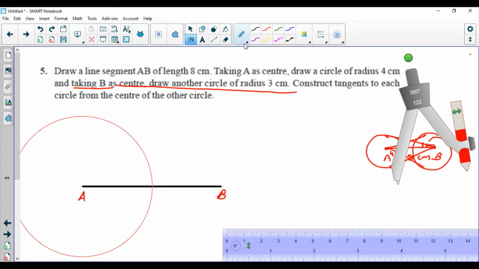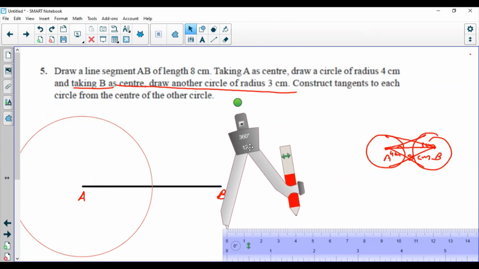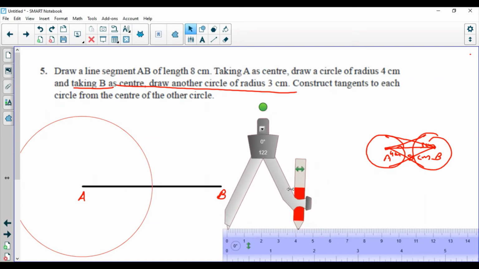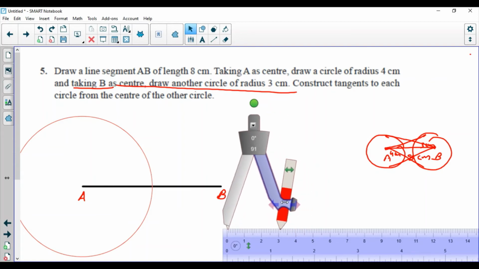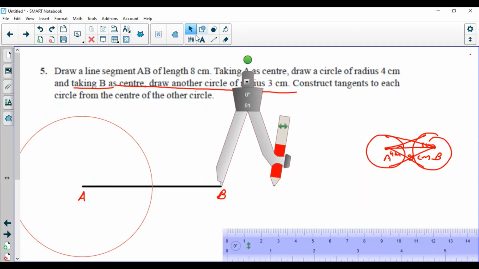So here I am doing it simultaneously. I am drawing the circle for center B also, and that should be of radius 3 centimeters. So this will be our circle.